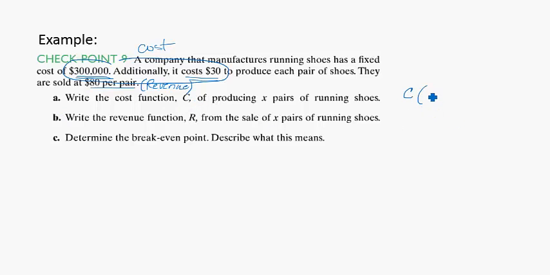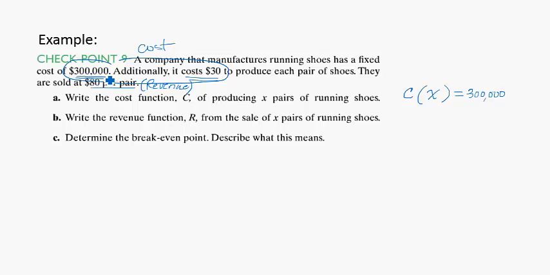Our cost, C of X, we write this in function notation, is our fixed cost, which in this case is $300,000, and like I said, that could be rent, upkeep of equipment, or the cost of employees.